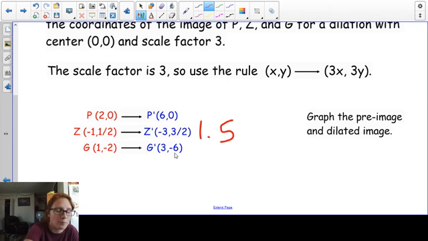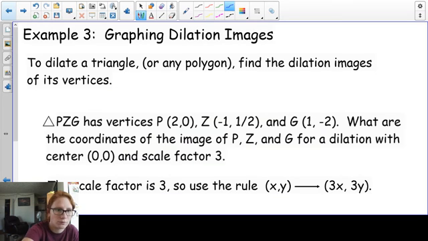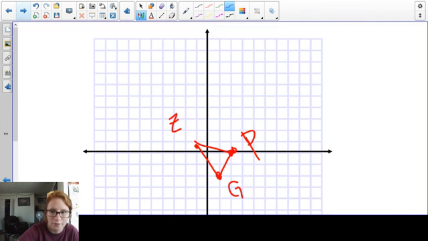So let's go ahead and plot our new dilations. P's at 6, 0. So 1, 2, 3, 4, 5, 6. Now this is P prime, so I need to indicate it as such. That's why I need to put those tick marks on there.